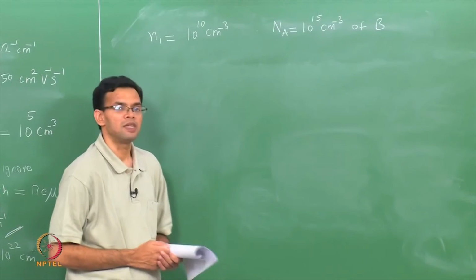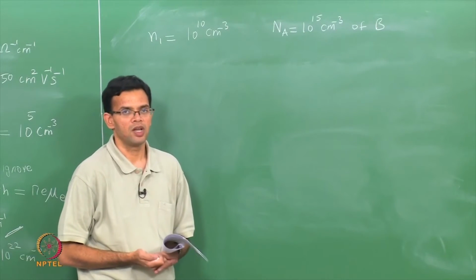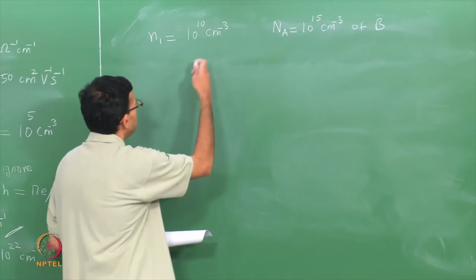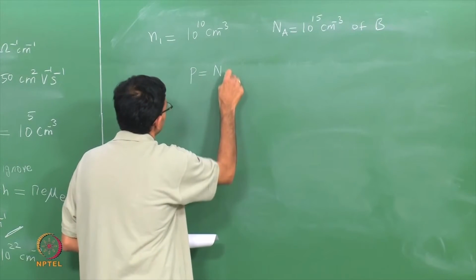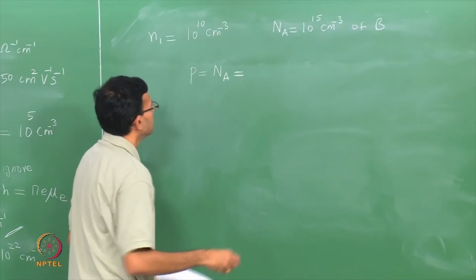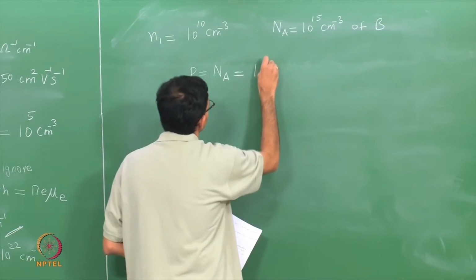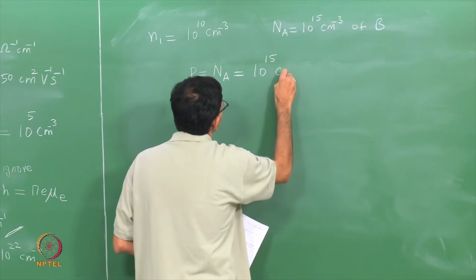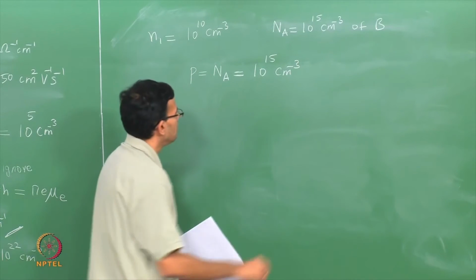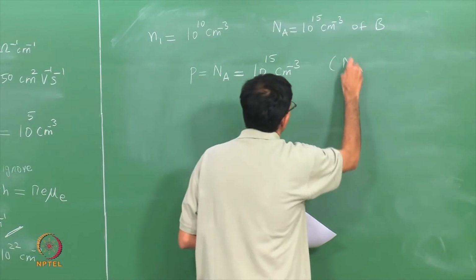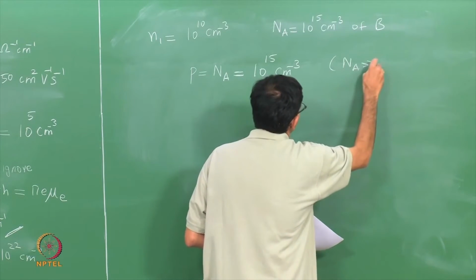Once again, at room temperature, all of these atoms are ionized. So, the hole concentration is the same as Na, and this is true again because Na is much greater than Ni.